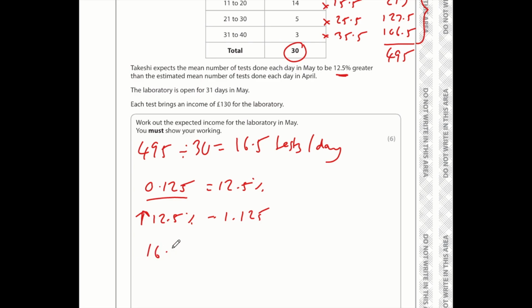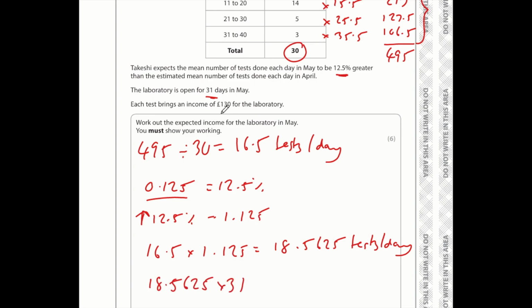So it's going to be 16.5 multiplied by 1.125, and that comes to 18.5625 tests per day. So if it's open for 31 days in May, it's going to be 18.5625 times by the 31 days and times by £130 per test.